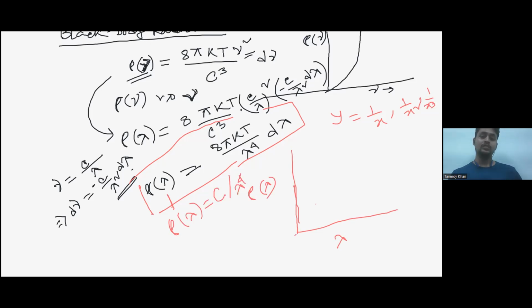If this is your 1, this is x equals 1. At this point it is cut by y equals 1. At both 0 and infinity, the function will be 0. At 0 it will be infinity, and at x equal to infinity, it will become 0. The function will look somewhat like this. It's very easy.